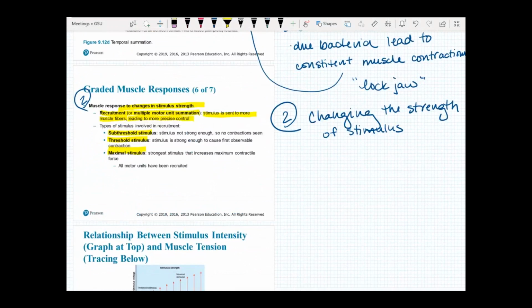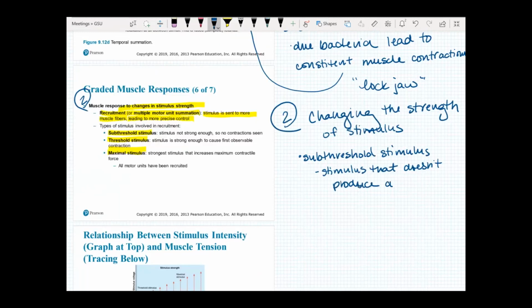We're going to have our subthreshold stimulus, which is a stimulus that does not produce a contraction. So it's essentially you telling your kids to put on their shoes in a whisper. It doesn't work. It's there, but the signal is so small that it essentially does not work. There's no contraction. You're whispering to your kids from the other room to tell them to put on their shoes.